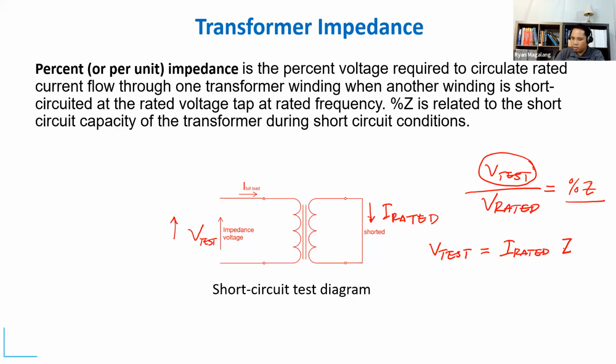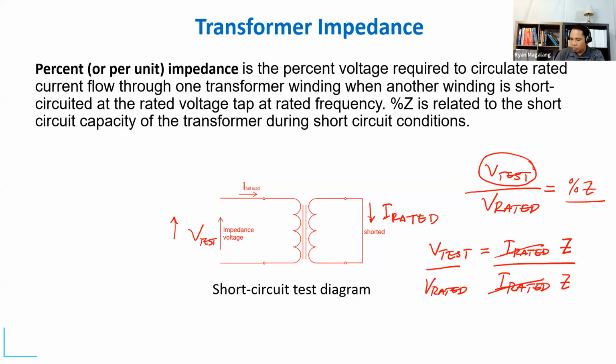So if we dissect further, V test is nothing but I rated times Z, in ohms, which is the per unit, which will become the per unit ohms eventually. So if we divide it with V rated, which is again equal to I rated times the Z, which is the apparent impedance of the transformer.